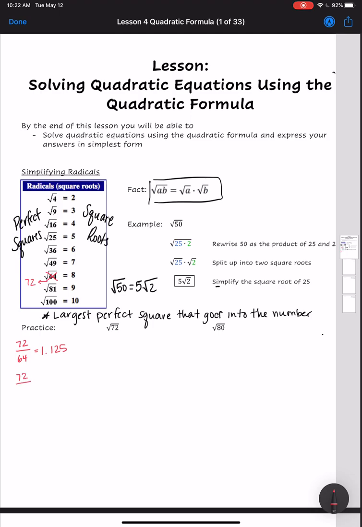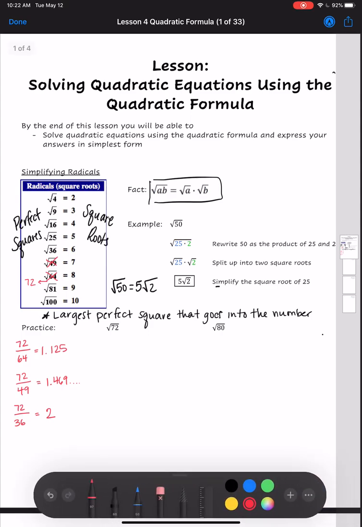So 72 divided by 49 is equal to 1.469 something. Okay, so not a whole number, not a factor. So it's not 49. 72 divided by 36 is equal to 2. So that means that 36 is a factor, then 36 times 2 is 72.